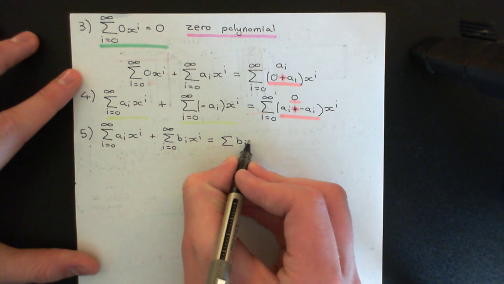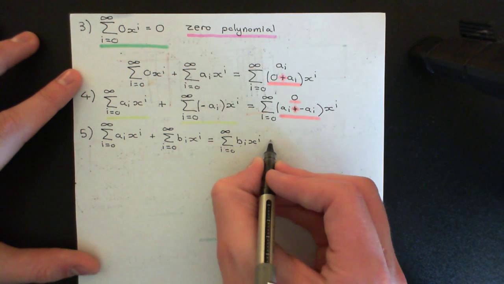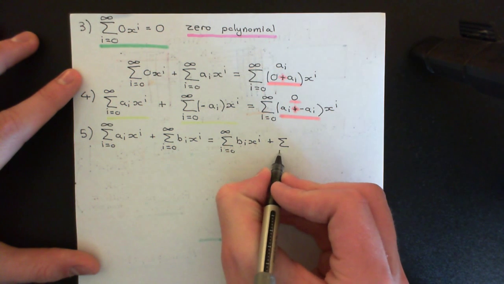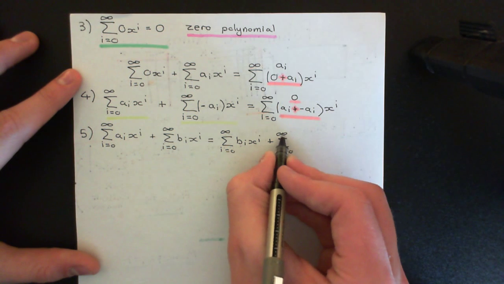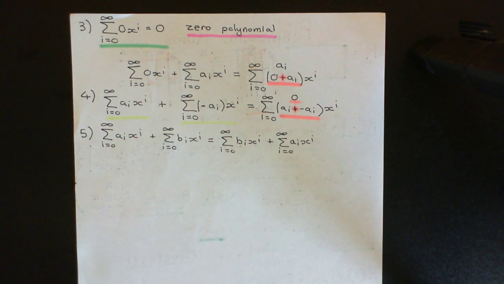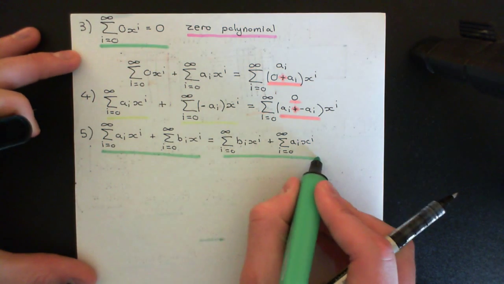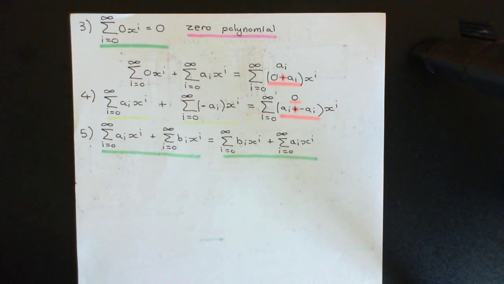So if I take the b polynomial, b_i x^i, sum from i equals 0 to infinity, and add it to the polynomial a, sum from i equals 0 to infinity of a_i x^i. So I want to check that it really does not matter which way round you add two polynomials together. Okay, so let's just do the left-hand side, do the right-hand side, and show that the answers are the same.